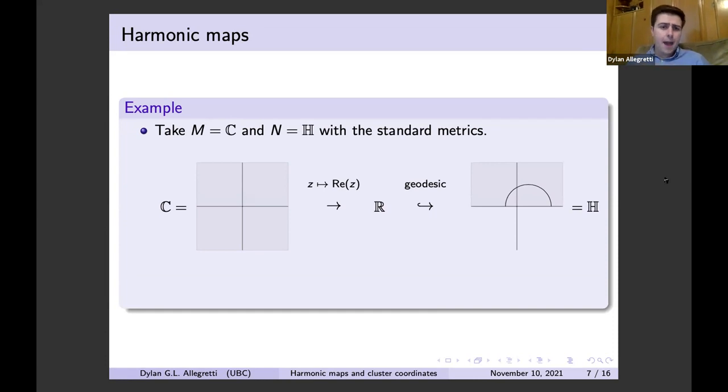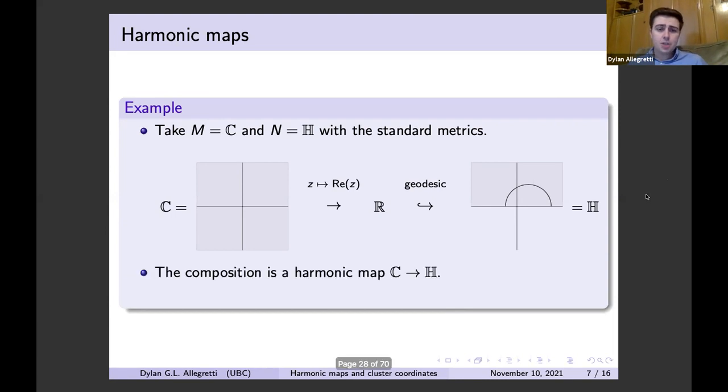So that would give you a map from the complex numbers to the real line. And then I can embed the real line isometrically as a geodesic in the upper half plane. And if you know a bit of hyperbolic geometry, you'll know that a geodesic in the hyperbolic plane looks like a Euclidean half circle that meets the boundary at right angles. So I've illustrated that here. That's the image of this map.